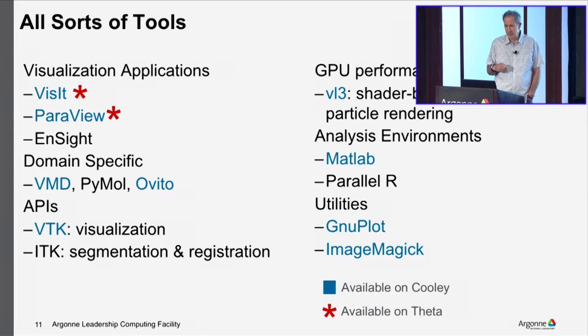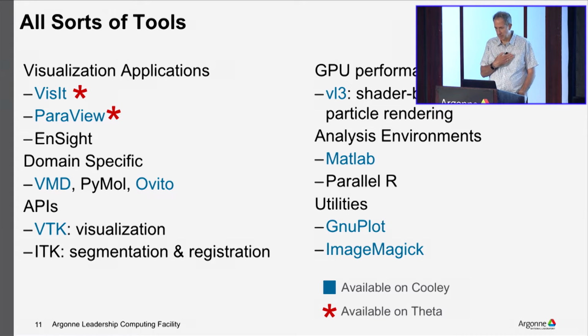And then there's APIs. So for example, VTK, the visualization toolkit, is an API for building environments and applications. And I'll talk a little bit more about this in a second. There's others that, for example, leverage GPU hardware. So for example, VL3, this is the volume-based, shader-based volume rendering and particle rendering tool that was developed at Argonne and University of Chicago.